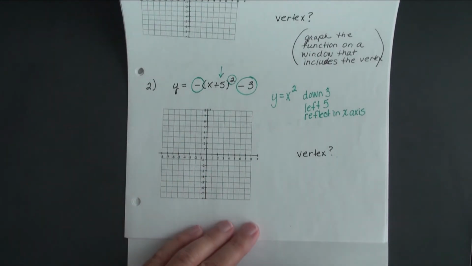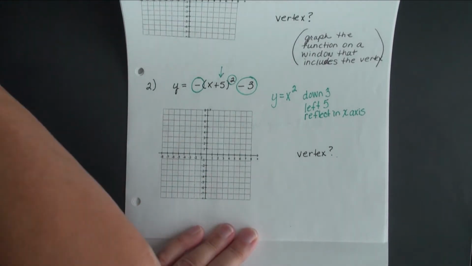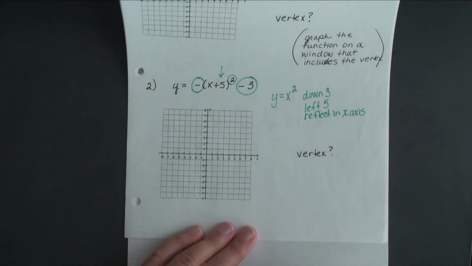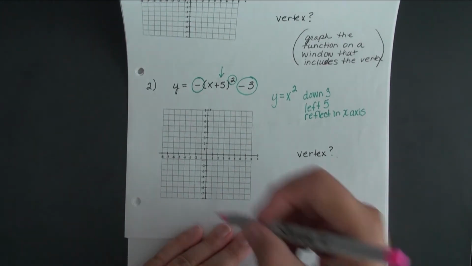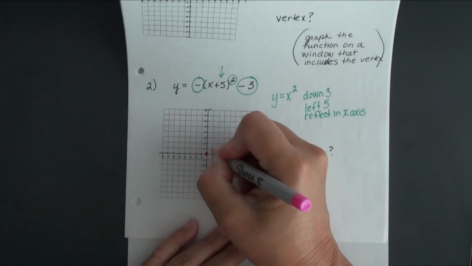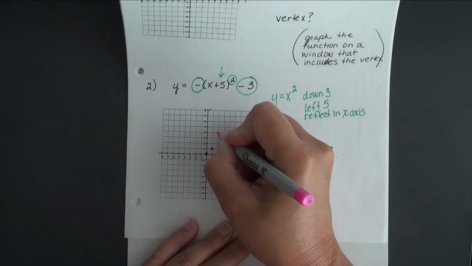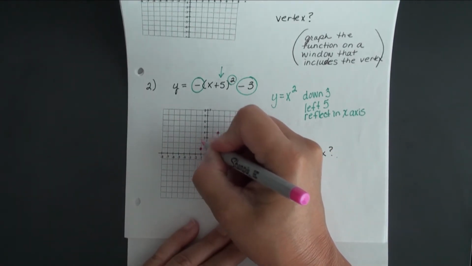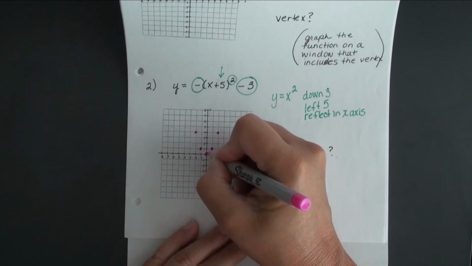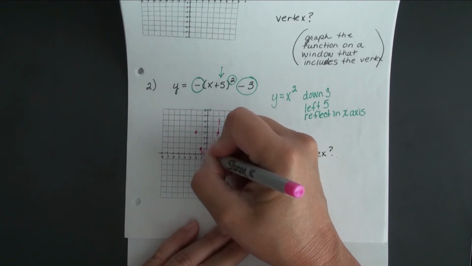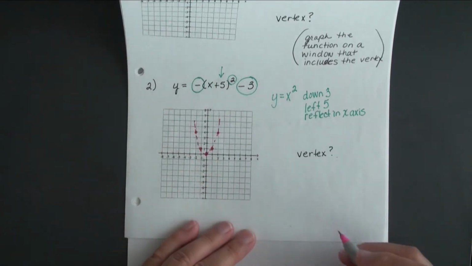I'm going to start by using this marker, and I'm going to graph y equals x squared. It goes through 0, 0, 1, 1, and 2, 4, and negative 1, 1, and negative 2, 4. So that's my y equals x squared.